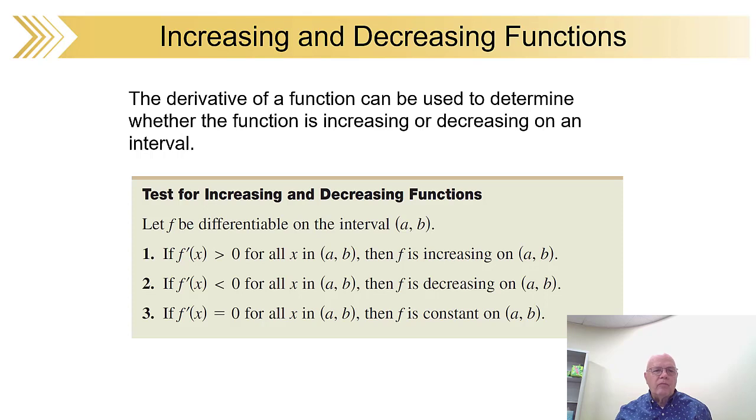Now, we've been talking about derivatives for months now, and when we take the derivative of that function, that can help us find out whether a function is increasing or decreasing at a particular place. And it's very simple, really. First of all, you take the derivative of the function, so that f function has to be differentiable on that interval where you're going to check it.